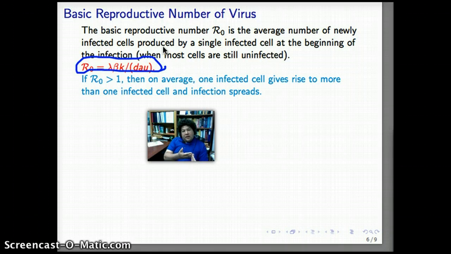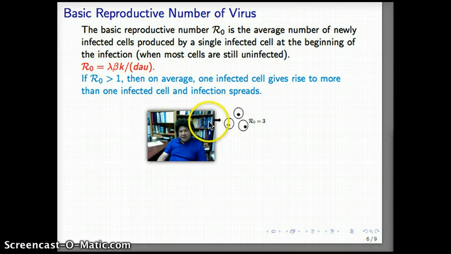But also, this number establishes when we have the stability of one equilibrium point that we're going to call here the endemic steady state or equilibrium, versus the stability of another equilibrium point. So if on average, each infected cell can give rise to more infected cells, something that is represented here.